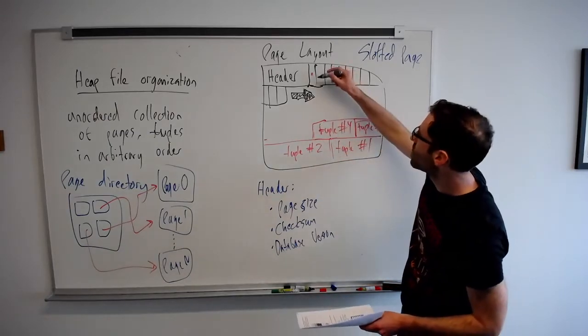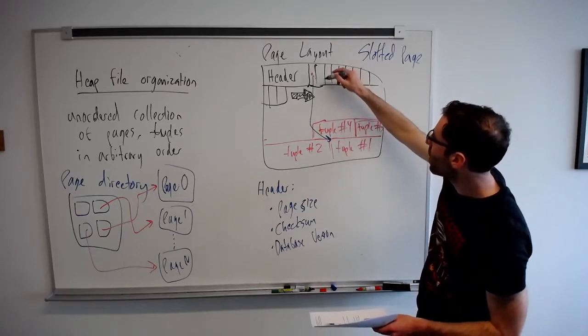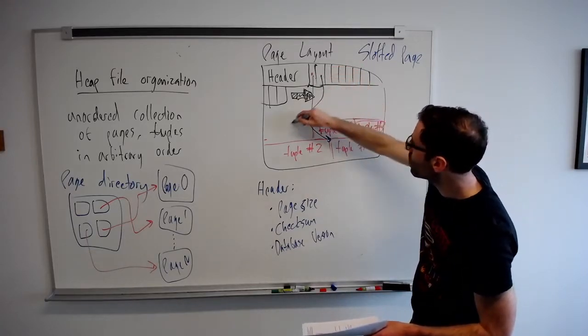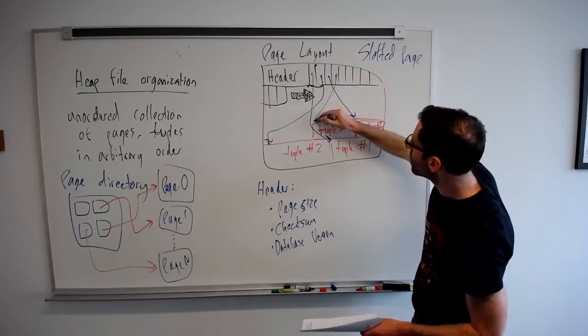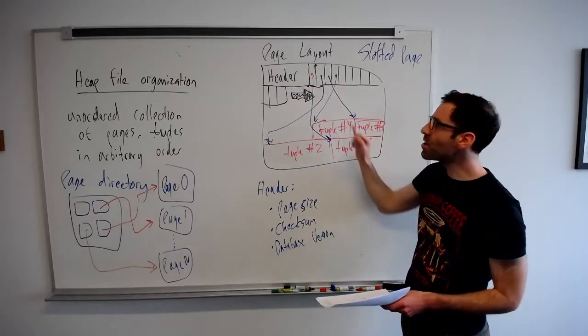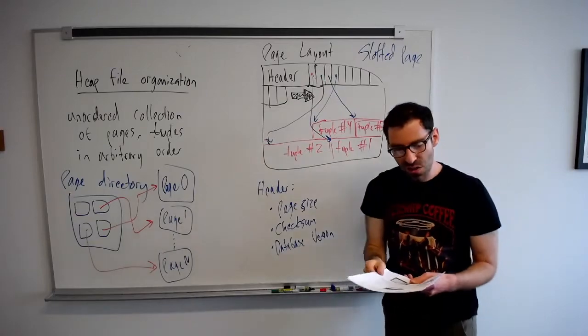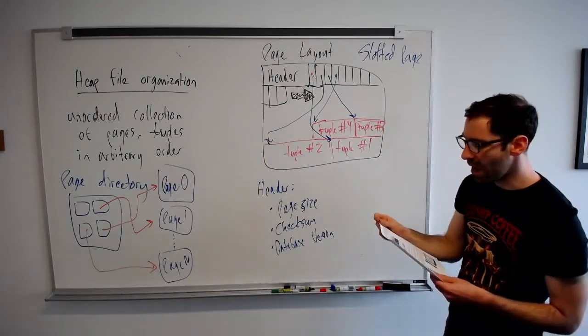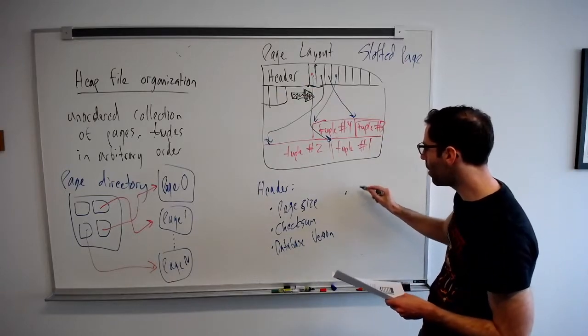These slots will have pointers to where the various tuples start in the page. The first slot tells us where tuple 1 starts, the second slot is a pointer to where tuple 2 starts, and so on.